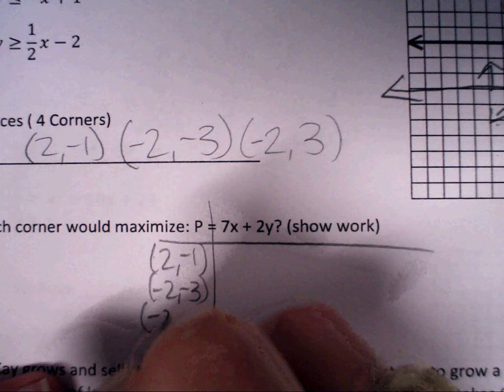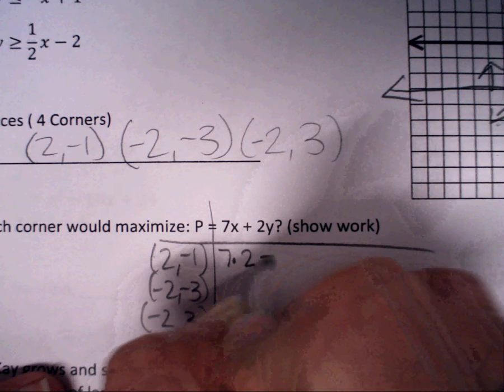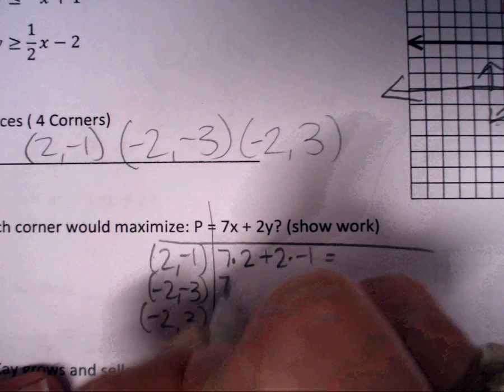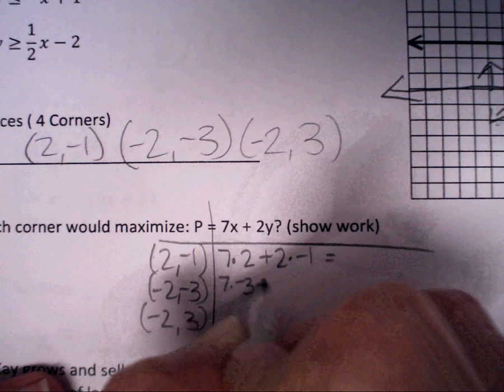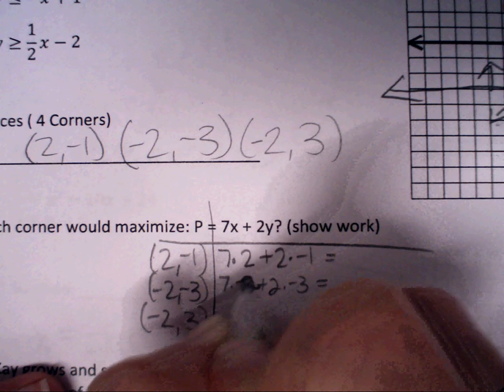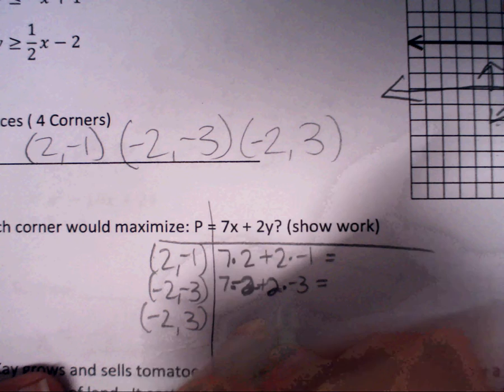I want to figure out which one of them would maximize, meaning when I plug it in, which one would give me the biggest value. So the x goes for the x, the y goes for the y. Put that one in wrong.